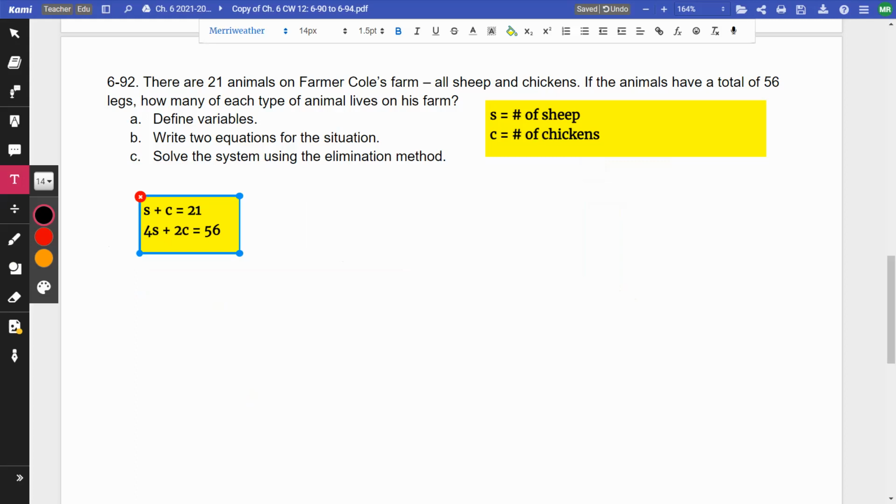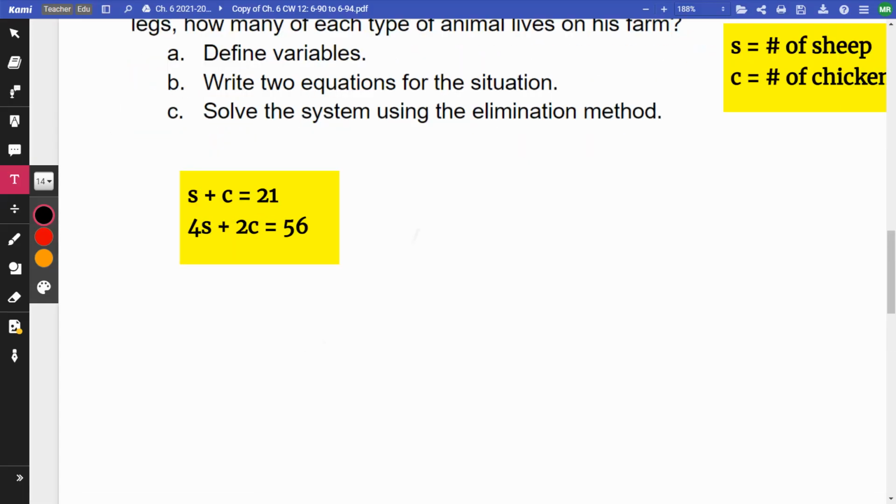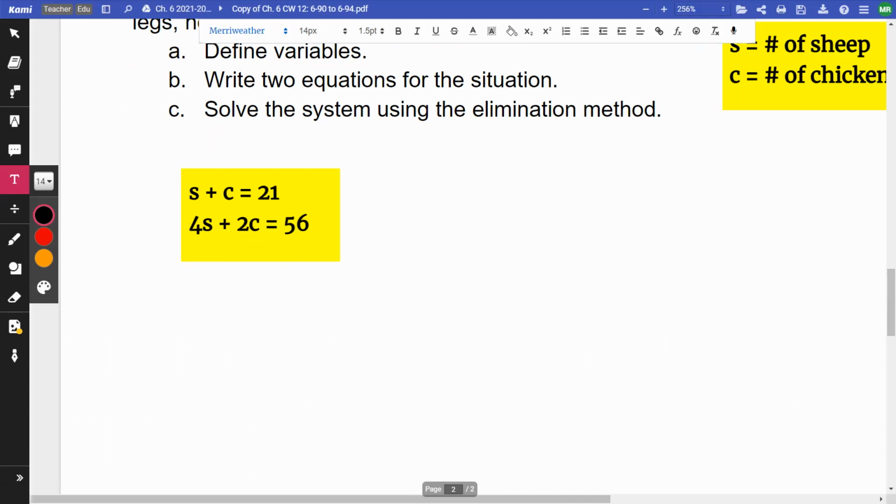Some of us were multiplying by a negative. Some of us were multiplying by a -4, which is okay to get rid of your S's. You could also multiply by a -2 to get rid of your C's. I tend to multiply by the smaller amount, but it doesn't matter.